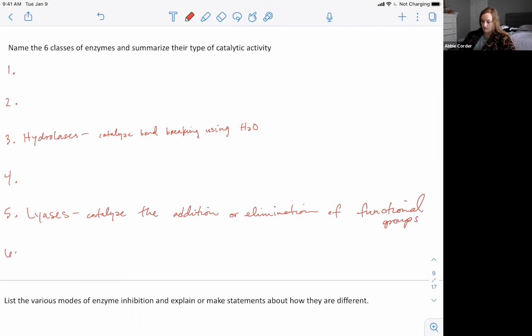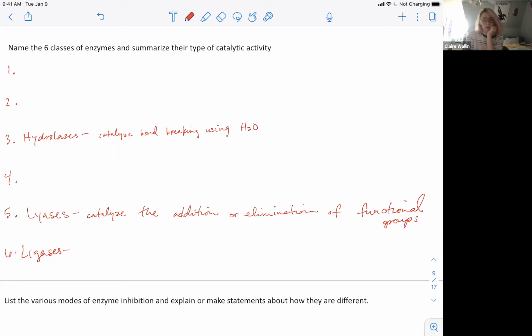There's ligase. What do they do? Does this one involve CO2 or phosphates? Ligases, there's an example. They bring together compounds. So they catalyze the bonding of 2 substrates.